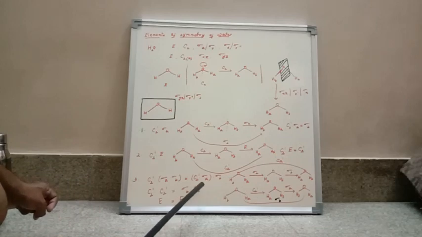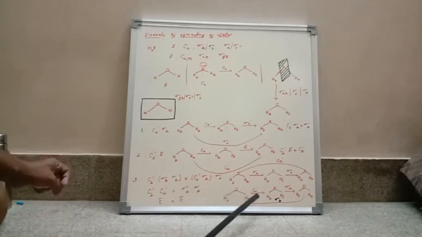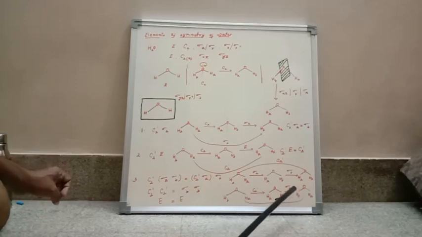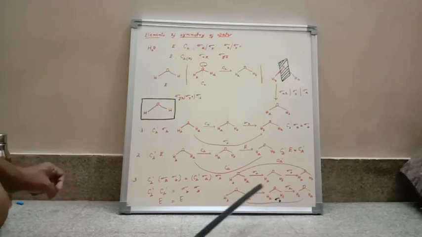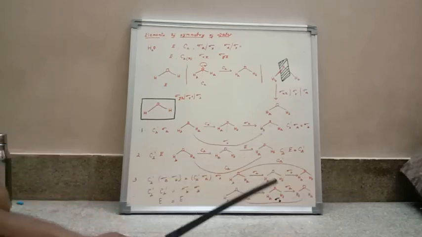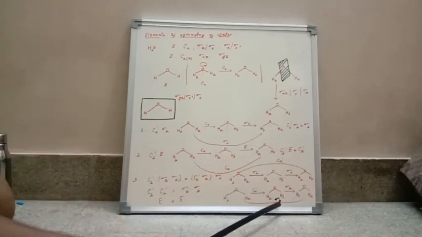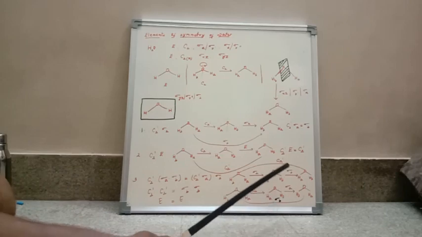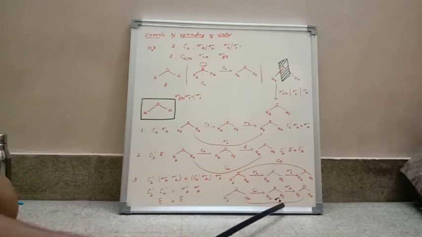Suppose we come to the next operation, C21 into sigma A. I will apply C21, and then I will apply sigma A. If I apply C21 and sigma A, I will end up with one final configuration. This is the final configuration. But this configuration can also be obtained by sigma B. That is what I did here; the same process I should carry out here.